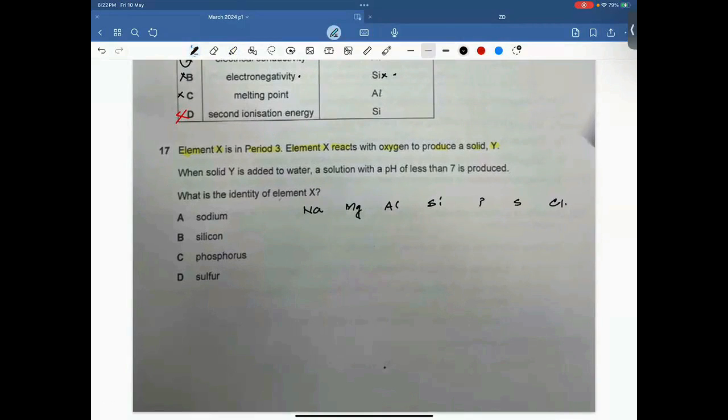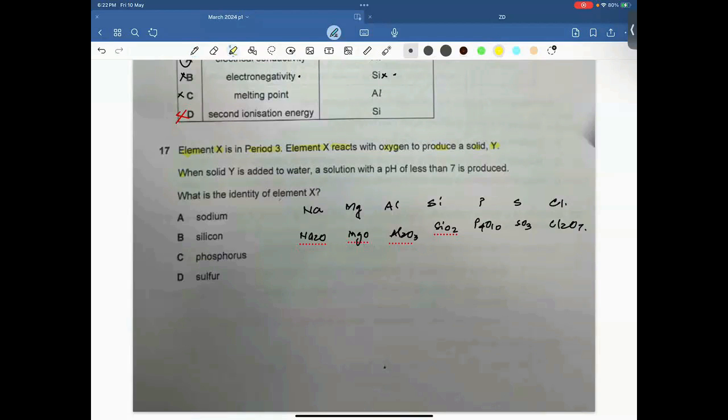Okay. When the elements react with oxygen to produce solid Y, it produces sodium oxide, magnesium oxide, aluminum oxide, silicon dioxide, P4O10, SO3, and Cl2O7. Okay.